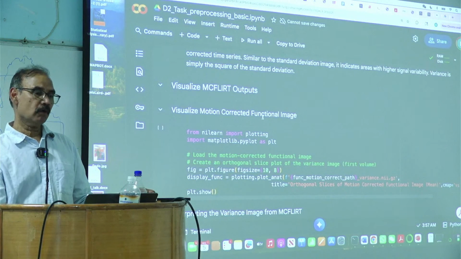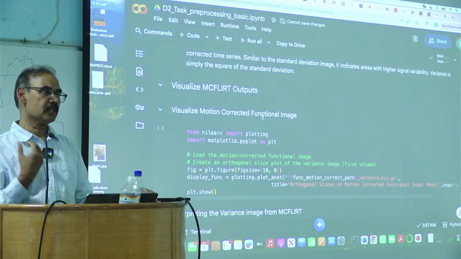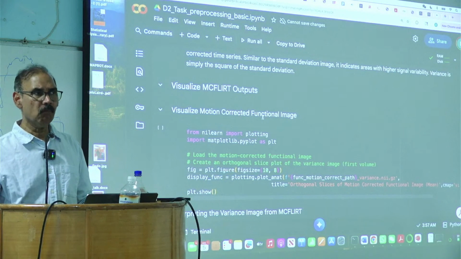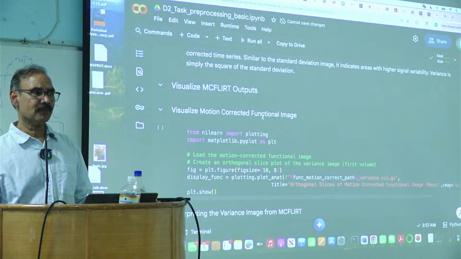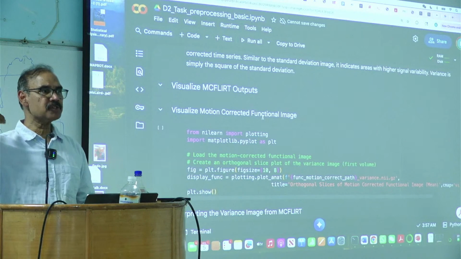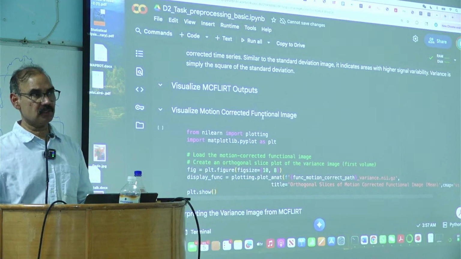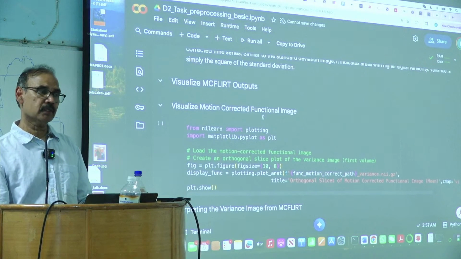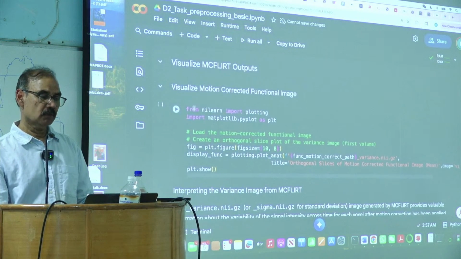Okay. So if a subject was given anesthesia, then you have to be more careful, right? Because with anesthesia, you're changing the blood supply to the brain and the signal intensity may change. So simply doing this may not work. So you have to be careful.